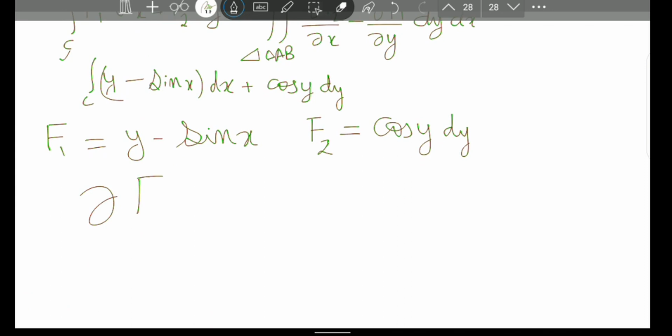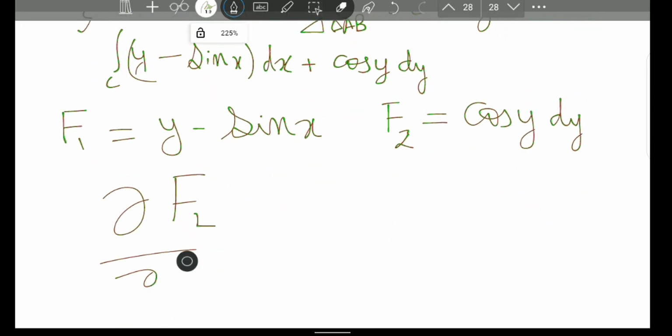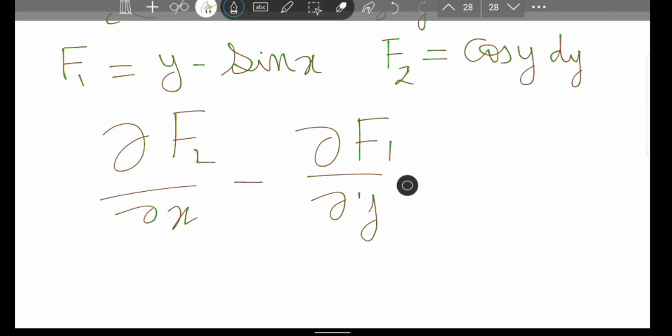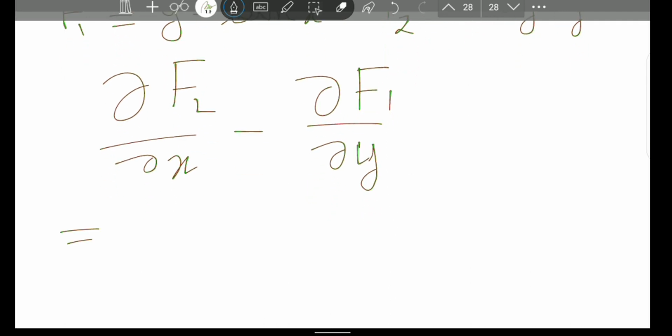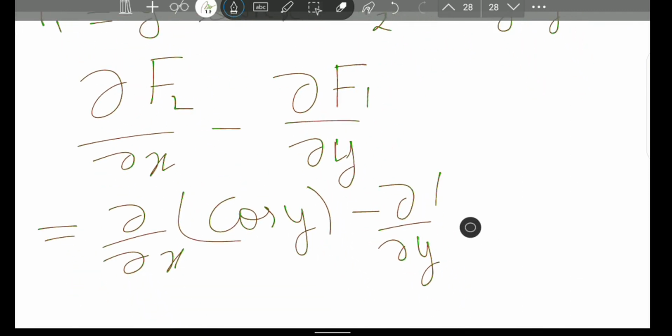Del f2 del x minus del f1 del y equals del x of cos y minus del y of f1, where f1 is y minus sin x.